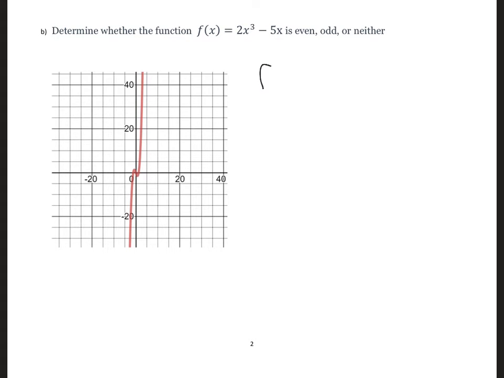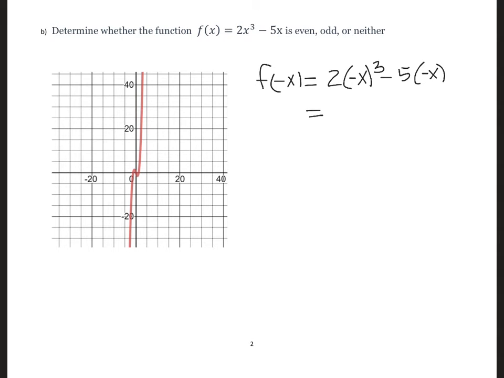So I'm going to do f of negative x. And what do I get? 2 times negative x cubed minus 5 times negative x.